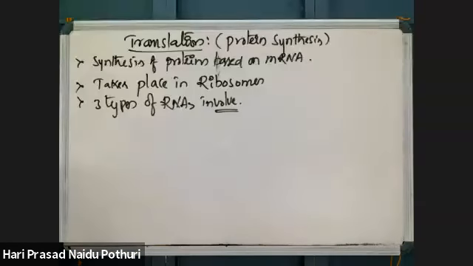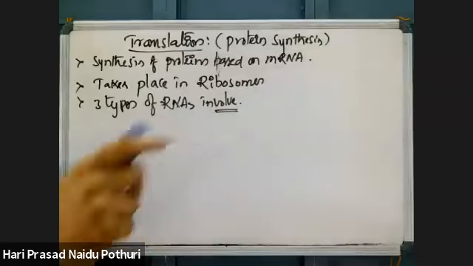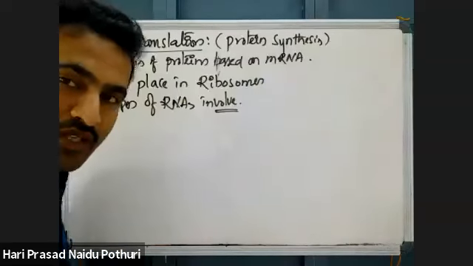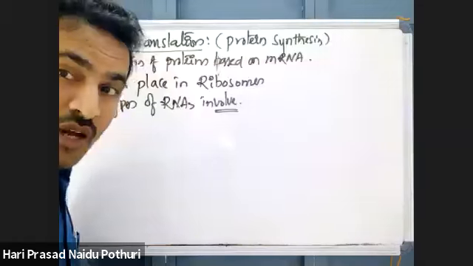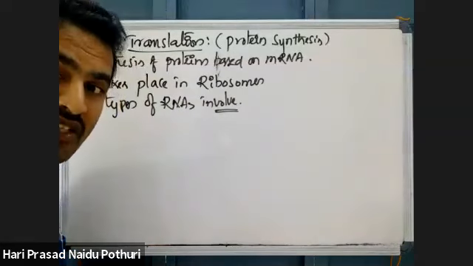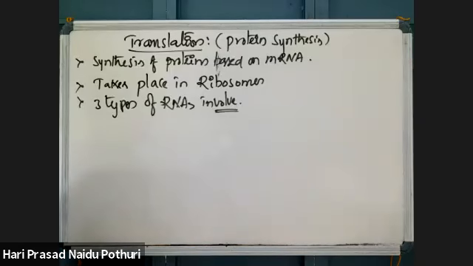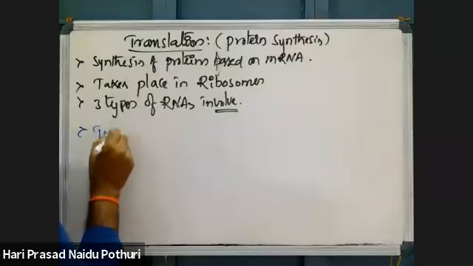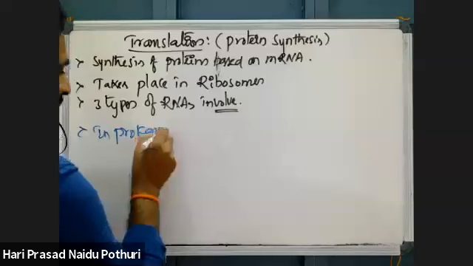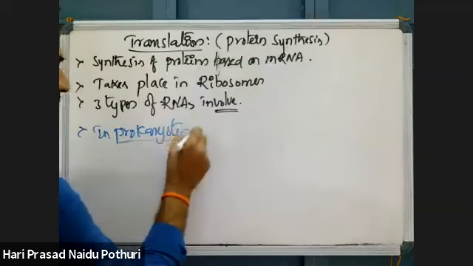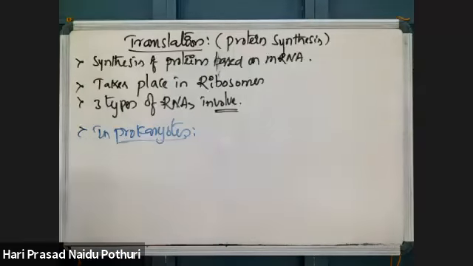If we see the difference of protein synthesis in prokaryotes and eukaryotes, in the previous class I told you one point. In prokaryotes, protein synthesis will start before the end of RNA synthesis. See here, what is taking place in prokaryotes?